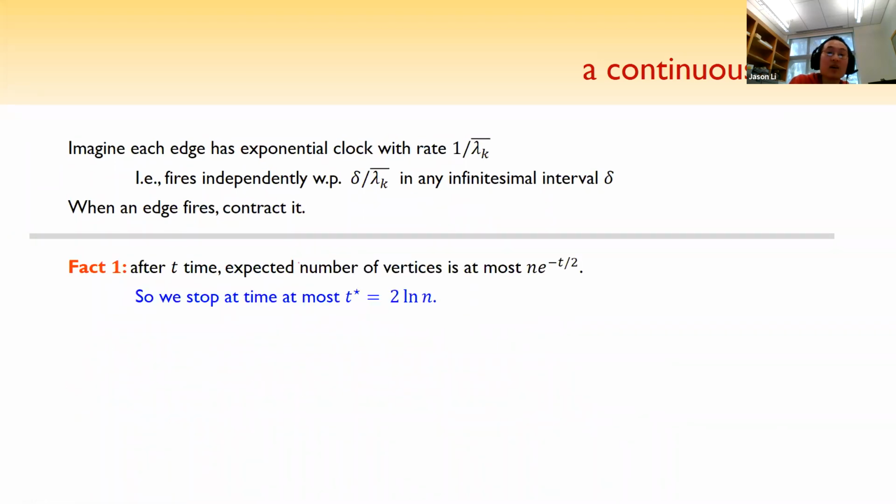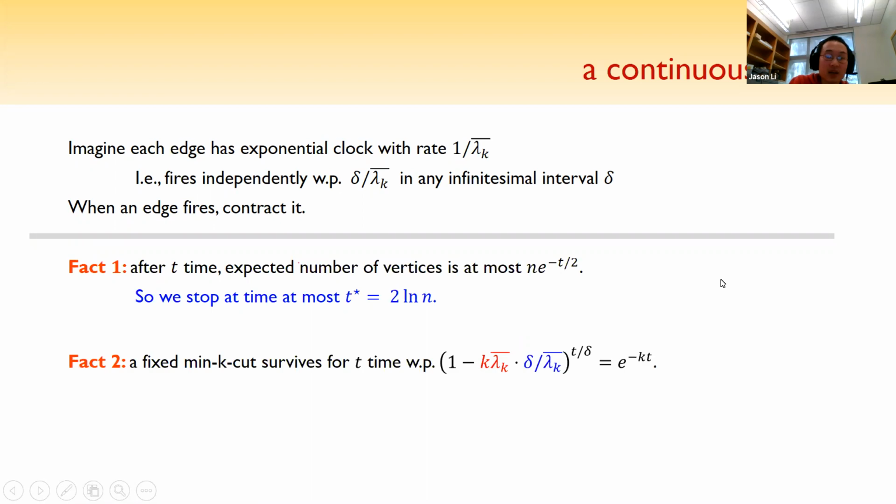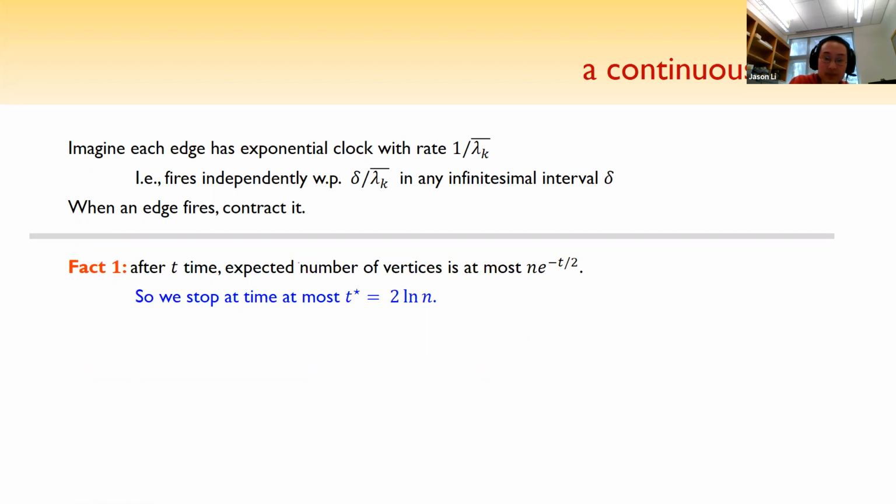Now, let's suppose we set t to be 2 ln n. Then this quantity is roughly 1. So essentially, we expect to be done by roughly time 2 ln n.